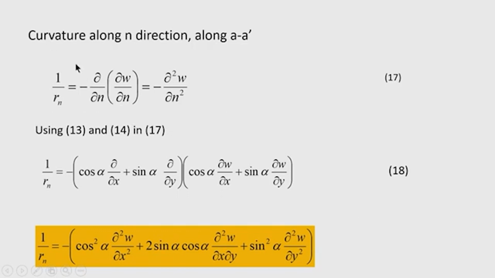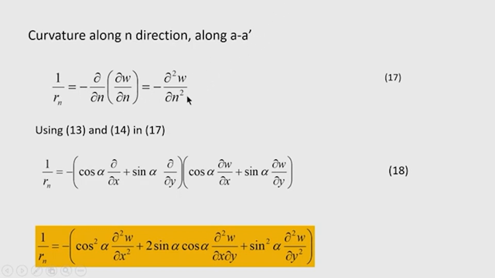We are interested to find the curvature along the n direction, that is any arbitrary direction a dash. So, again we find the derivative of this quantity del w by del n with respect to n. This will give the curvature along the direction a dash.